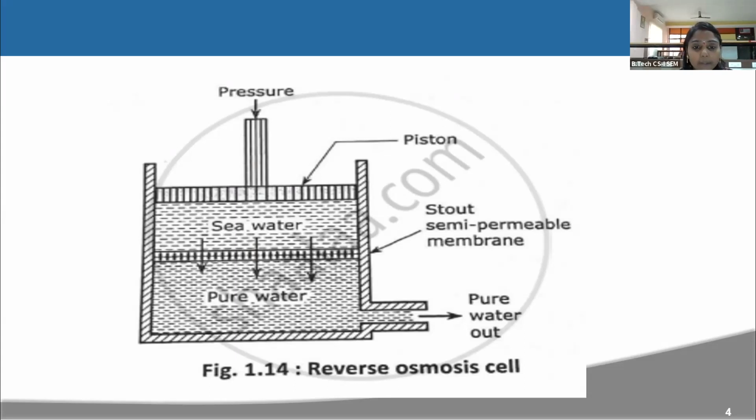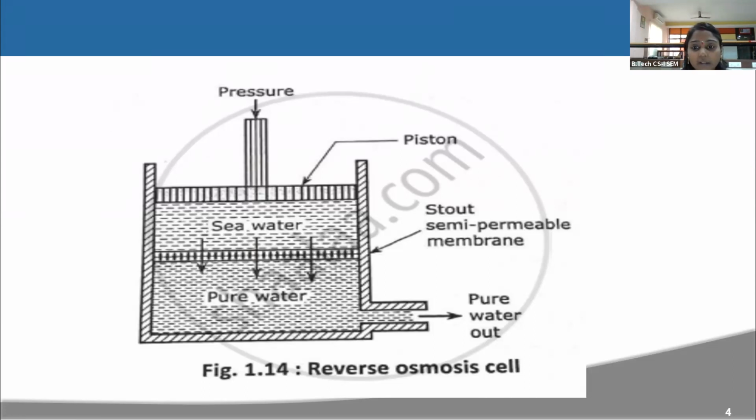Both compartments are separated by a semi-permeable membrane.